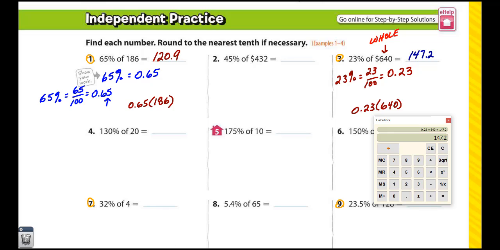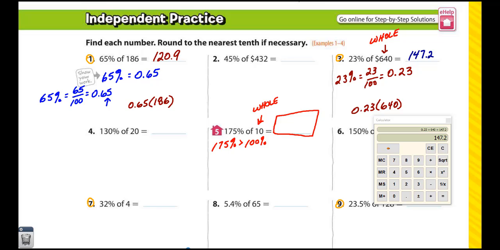175% of 10. Now, before we go any further on this, before we really start it, let's make sure we understand 175% is greater than 100%, which means since 10 is our whole, whatever this answer is going to be, it's bigger than 10, because we don't have just the 10 or a part of the 10, we have the 10 and more.